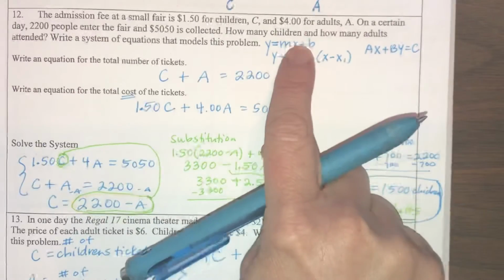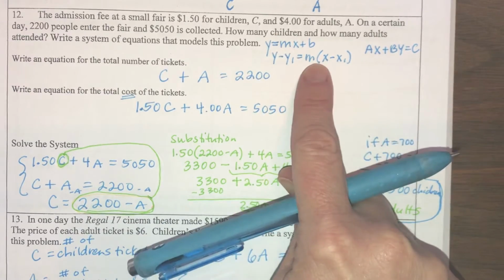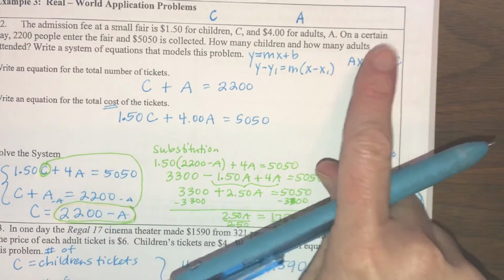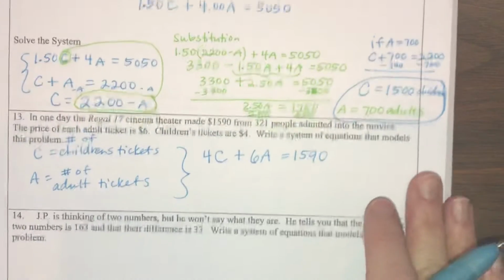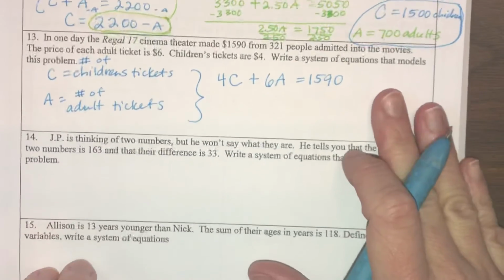So in order to use either slope-intercept form or point-slope form, you need to know slope. And none of the numbers we were told represented our slope. And so I knew that I had to use the only other kind of equation we have, which would be standard form.